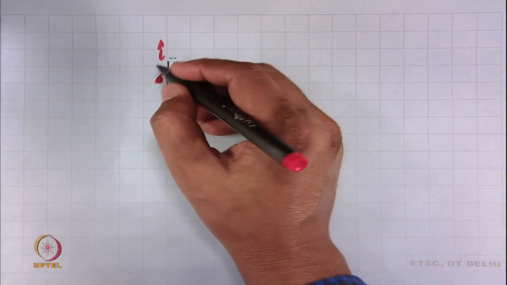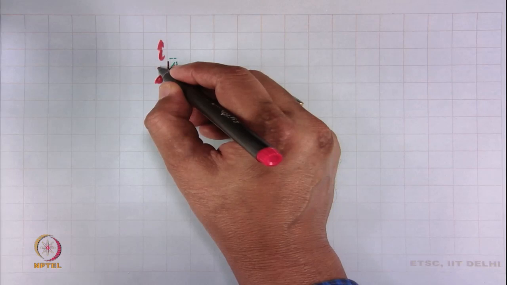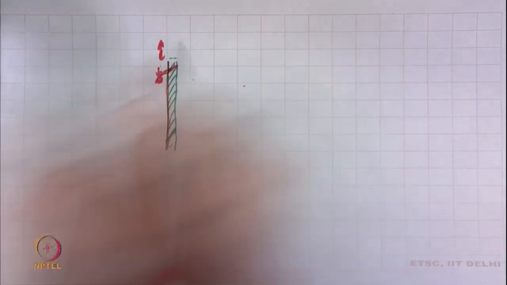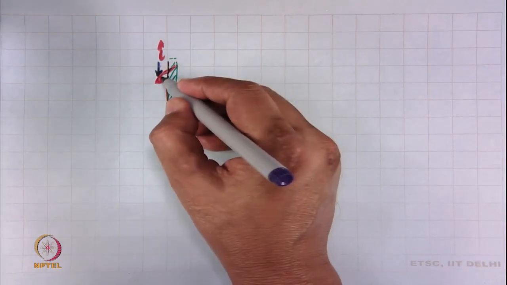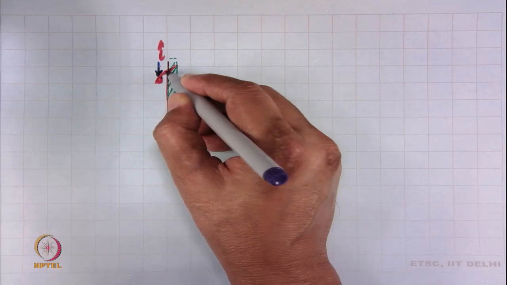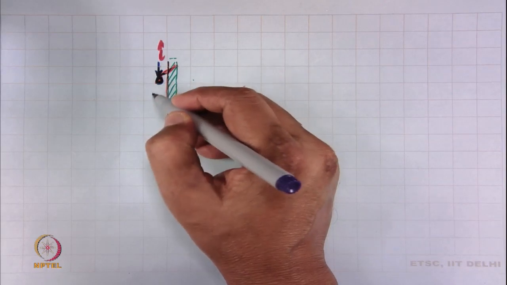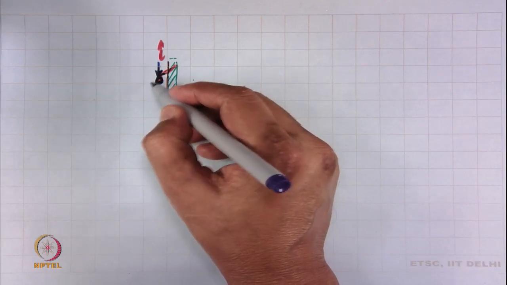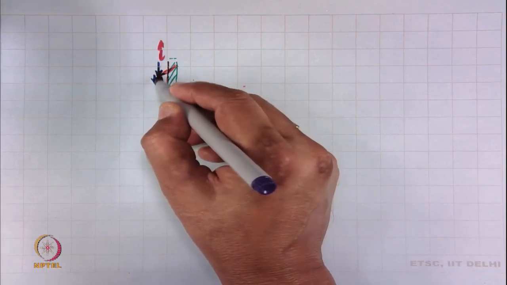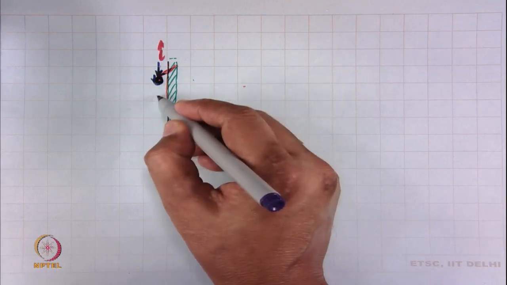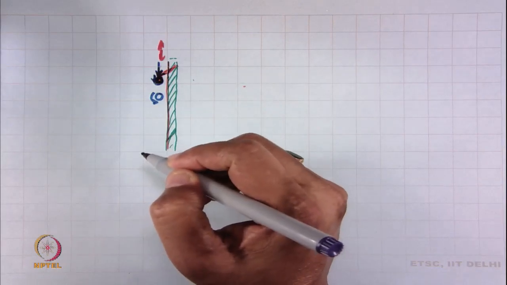Now, due to the rubbing action with another surface, a certain force will be applied on this fiber, and this force will create a rolling action, a ball formation at this end. Suppose the force is acting tangentially on this surface. So, there will be a rolling action of this ball along the surface.